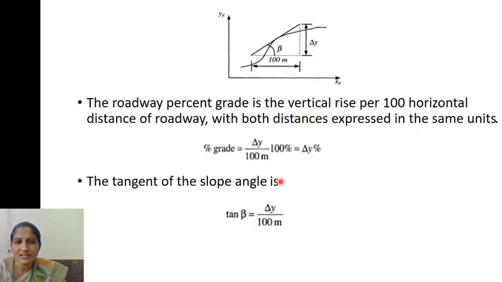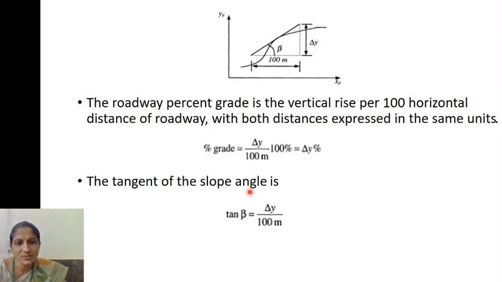Now from this you can also consider the grade. What is the grade? Grade is the vertical rise per 100 horizontal distance of the roadway. That means the y coordinate divided by the x coordinate. Here the y change is delta y, and for x you take 100 m, into 100 percent, equal to delta y percentage.